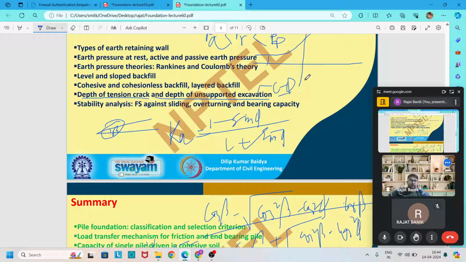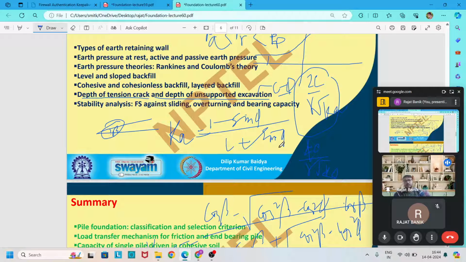We find that the depth of the tension crack is 2C divided by gamma into root over K, and the depth of unsupported excavation is 2 times the tension crack depth, which is equal to 4C divided by gamma into root over K. So please go through it once, which is helpful for your exam purpose.